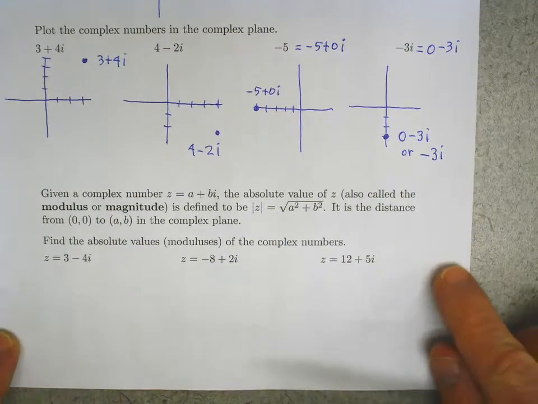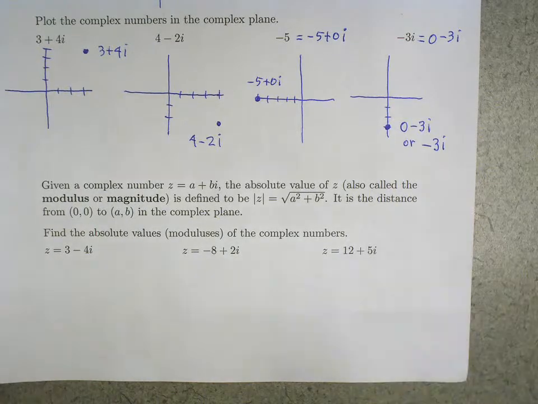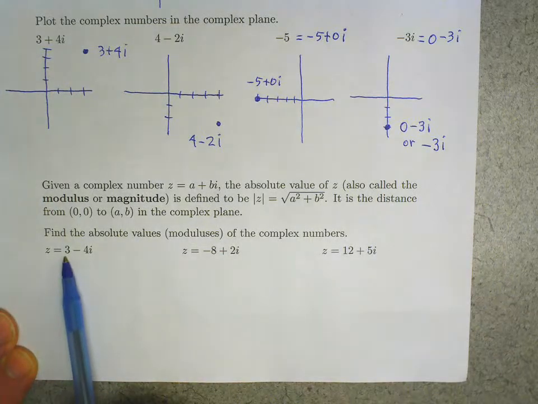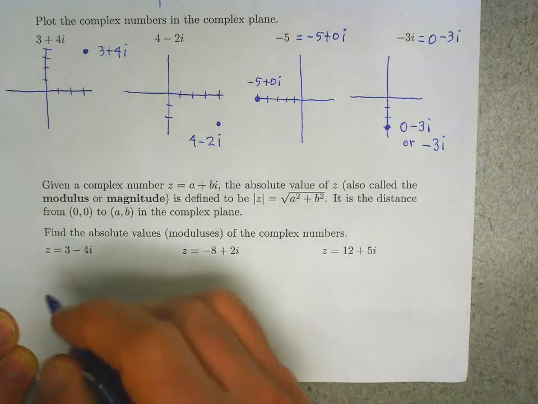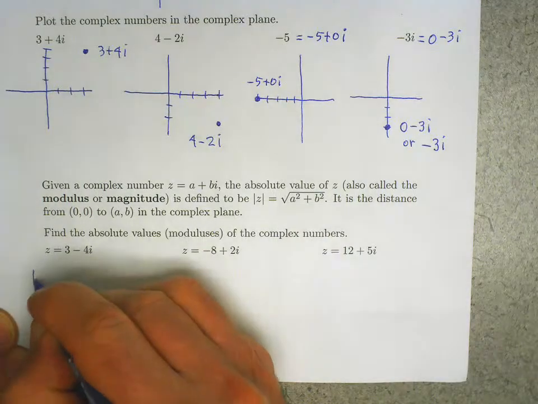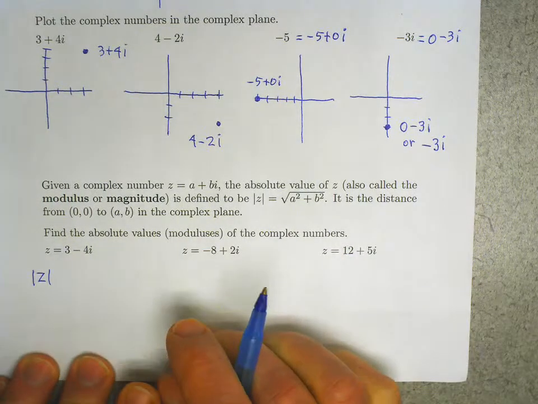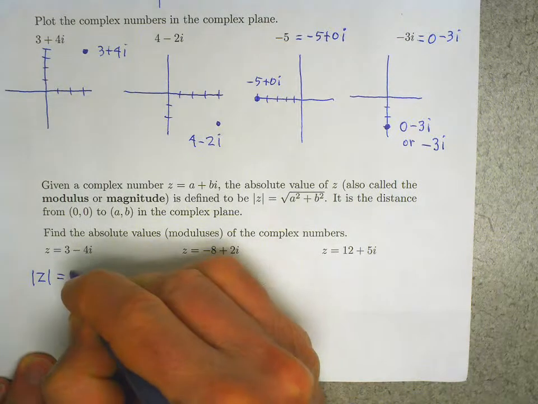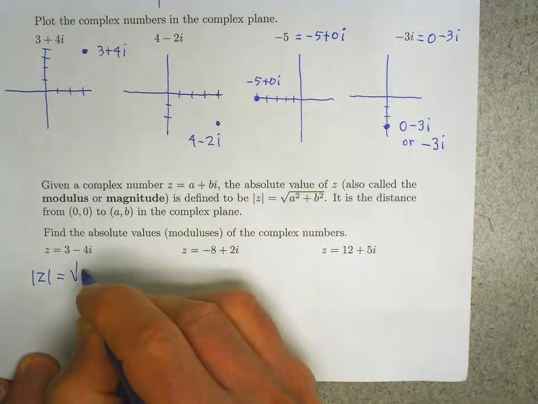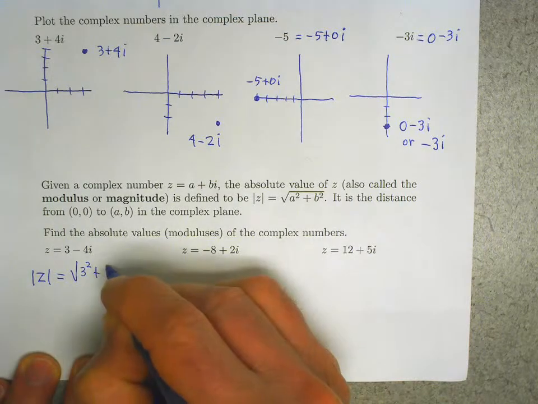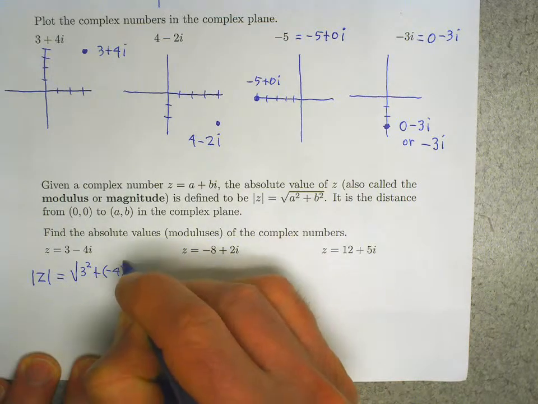Okay, so we'll have some exercises where we find the absolute values. If z is equal to 3 minus 4i, then the modulus, or the absolute value of z, is the square root of the real part squared plus the imaginary part squared.